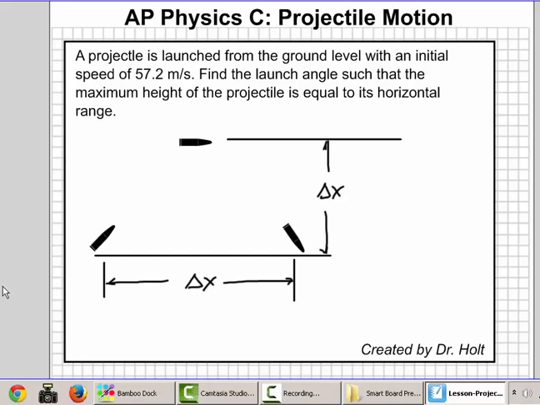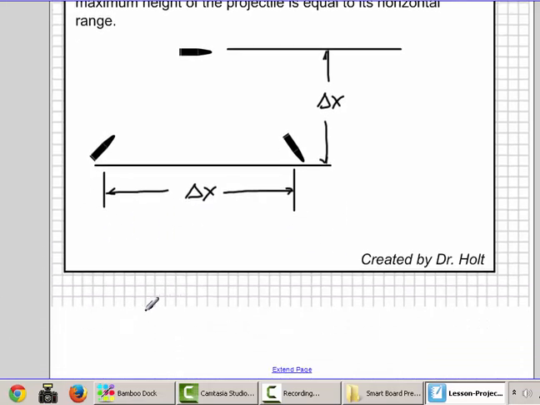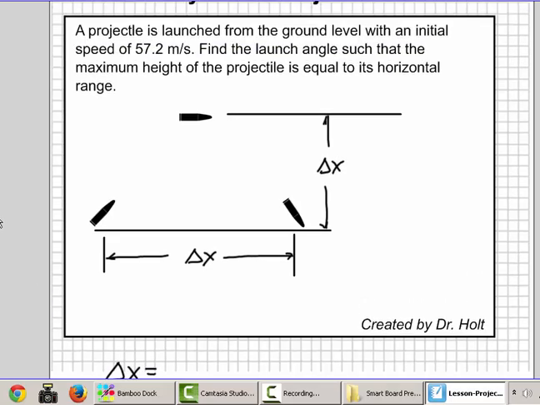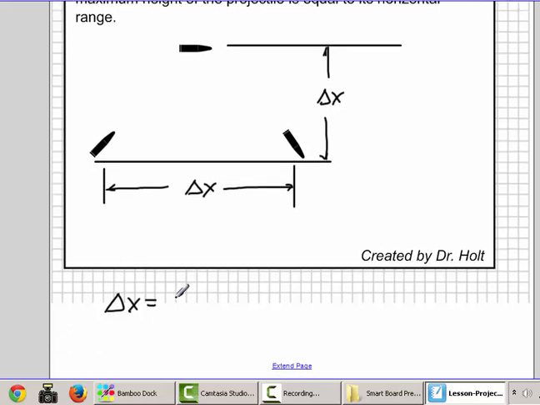Now we do know that delta x is going to equal the velocity, which is 57.2, times the cosine of the angle theta, well, this being theta, times t. Now we can say that. All right. So that means that this value here must also be 57.2 times the cosine of theta times t.